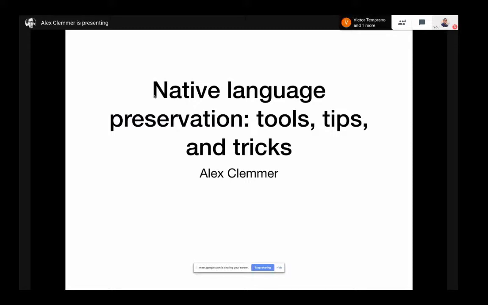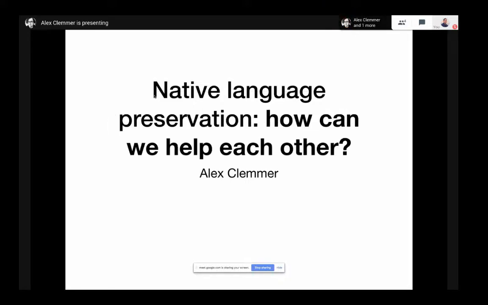And one of the things that's interesting about this space that I realized since I pitched this talk is that when I talk to other people doing really intense language preservation work, it's not clear that there are a lot of things that everybody needs to do. And so I thought that maybe instead of this title, we'd go with something like Native Language Preservation, How Can We Help Each Other?